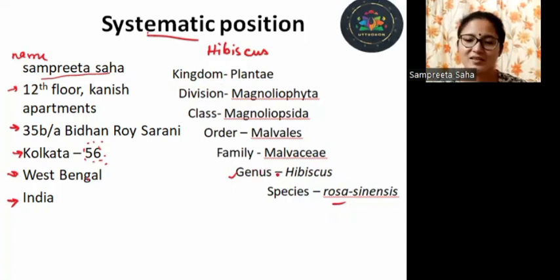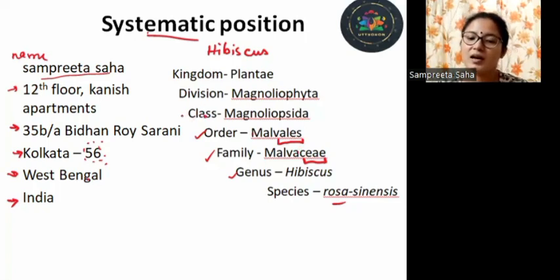This genus Hibiscus belongs to the family Malvaceae. Now, in case of plants, the names of the families end with aceae. Remember, this family Malvaceae belongs to the order Malvales. In plants, the names of the orders end with ales.